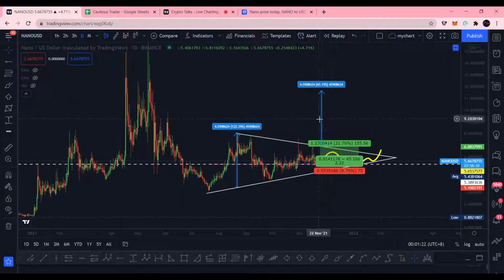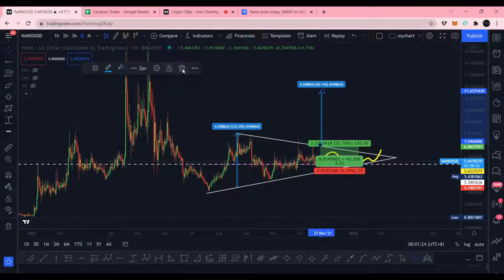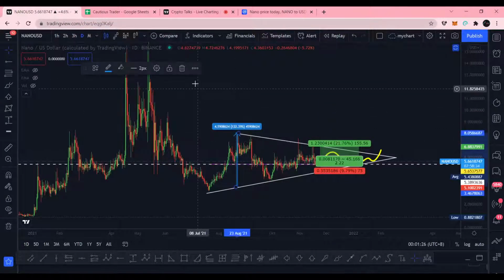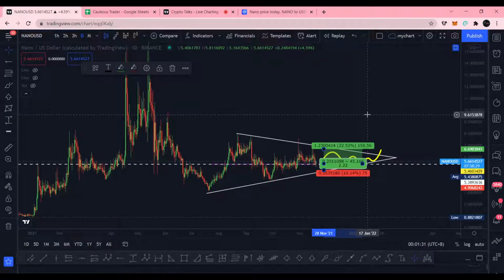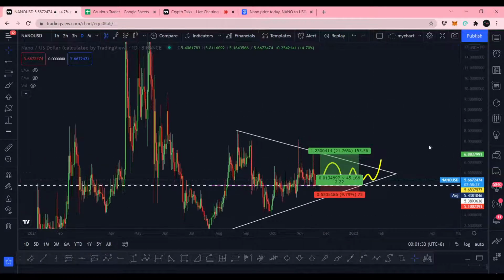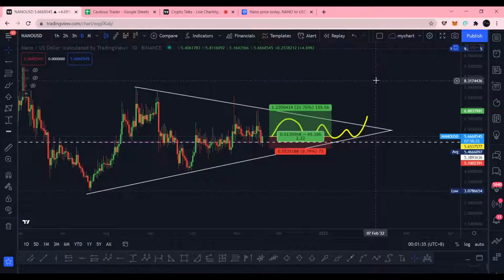For now, it is just a triangle unless it breaks out from this range. So about below 5.16, okay lang, at least I have my adjustment or allowance.